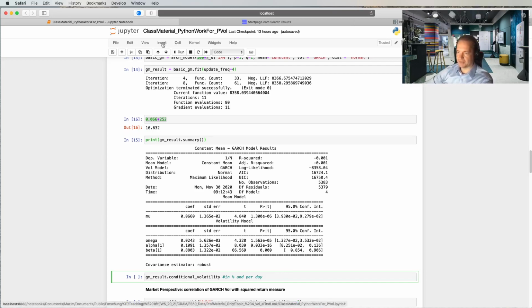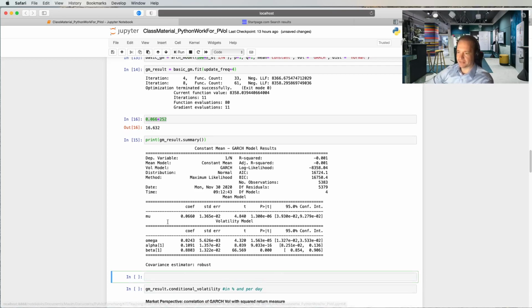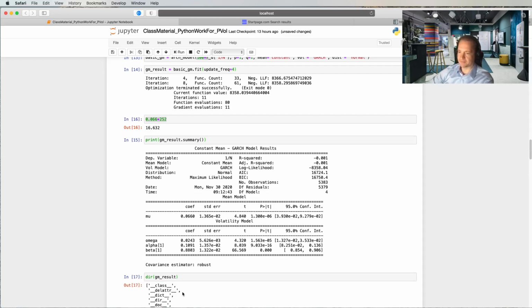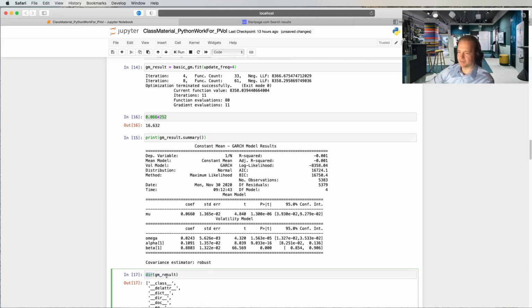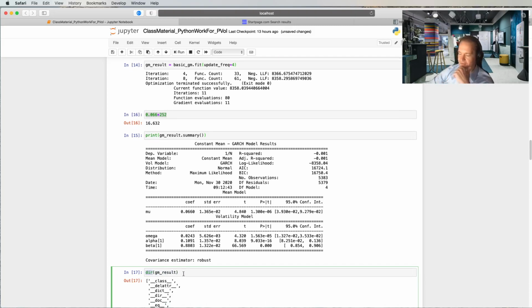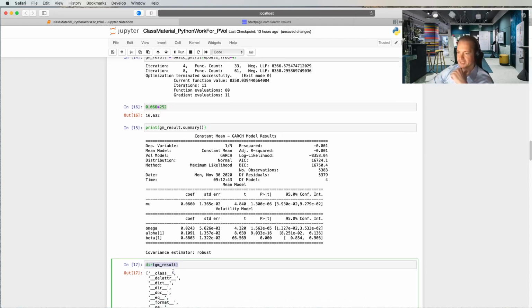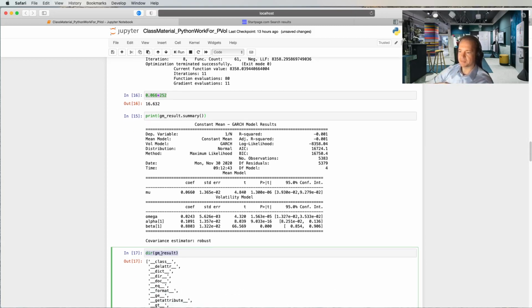Now let's have a look at the conditional volatility. I'm not sure I've ever mentioned this, but there is a nice command you can use: dir on the GARCH result. If you take any Python object and put it in parentheses after dir, for directory, you see what is part of that object.